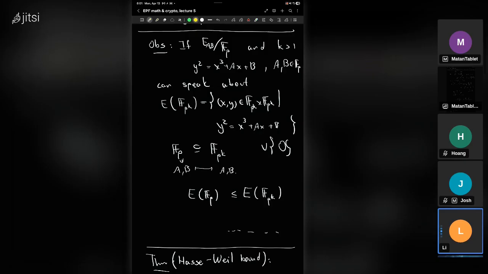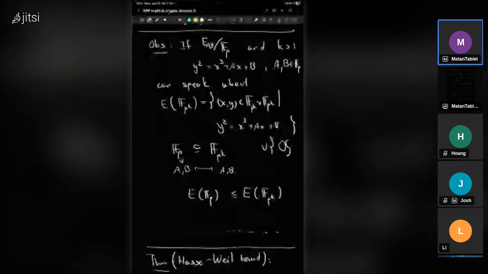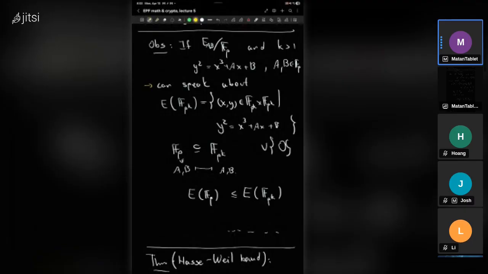I don't get the point. I said, you see the tablet now? I mean, I said we can speak about the points of E over F_p^k. E is defined, remember, over F_p originally, right? And so we have the so-called F_p points.